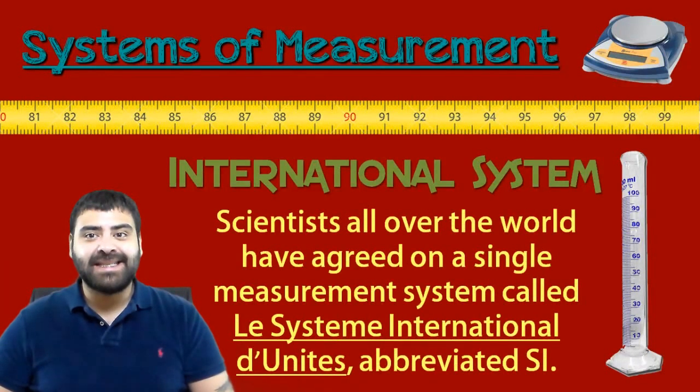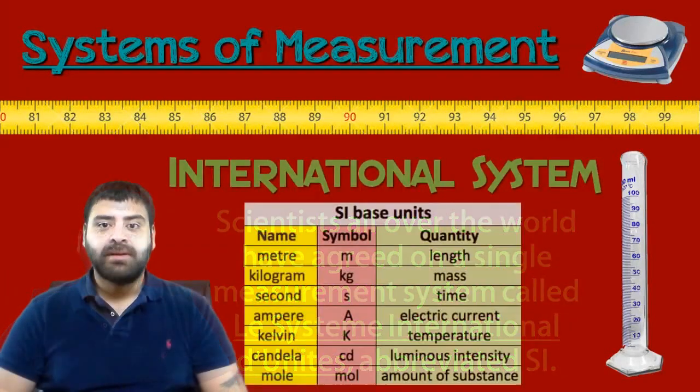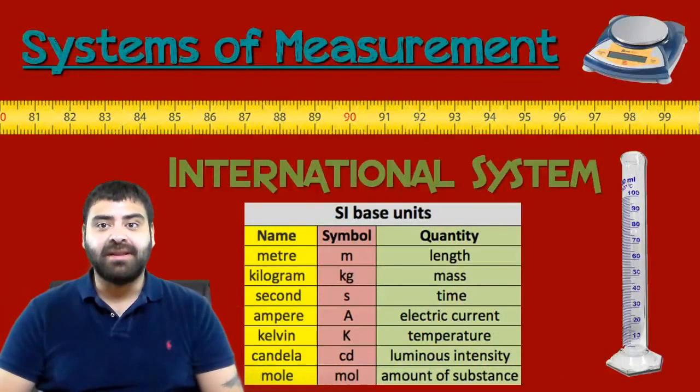Scientists in 1960 from all over the world gathered and agreed on a single system of measurement. As you can tell, this is a French term called Le Système International des Unités, or abbreviated SI. So as a result of this gathering of the great scientific minds of the time, it was agreed that the following SI-based units would be used.